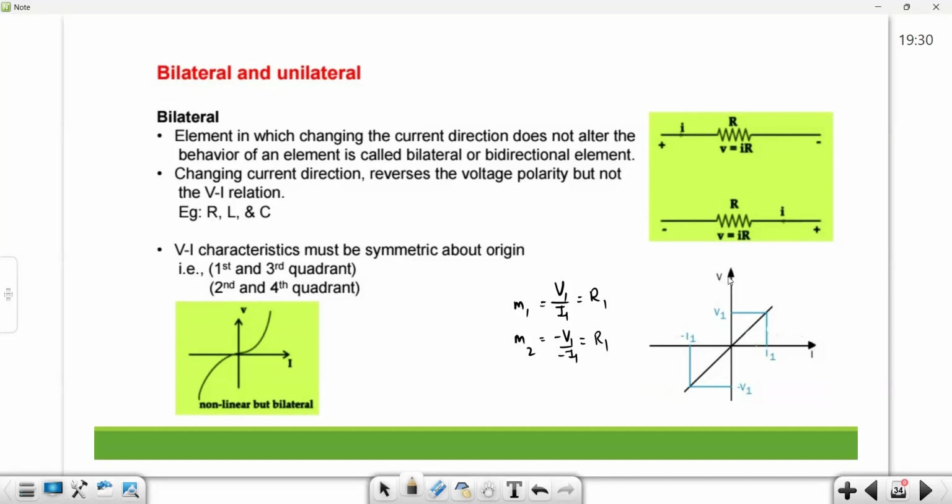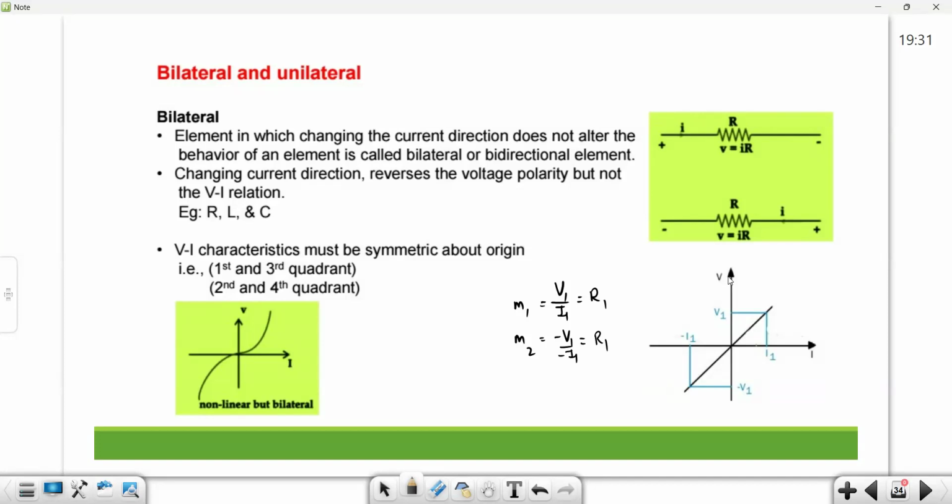But in the opposite direction, if you connect the positive terminal to the cathode and the negative terminal to the anode, then it will act as an open circuit. If the behavior is changing, that means it is a unilateral element. If it is not changing, then it is a bilateral element.